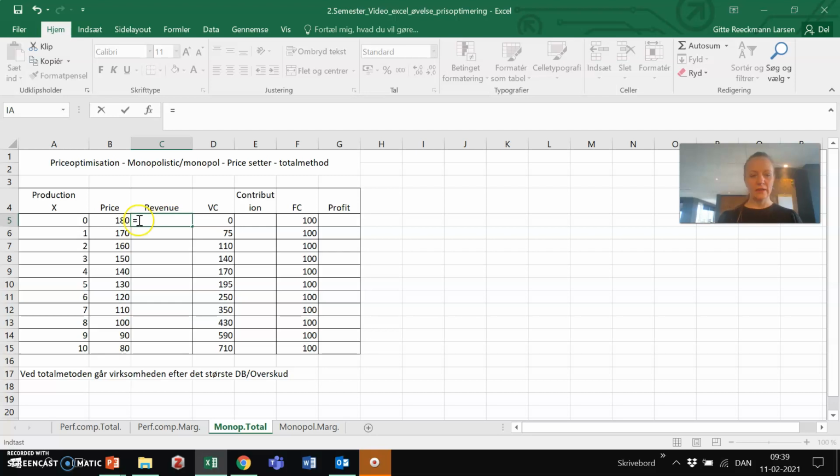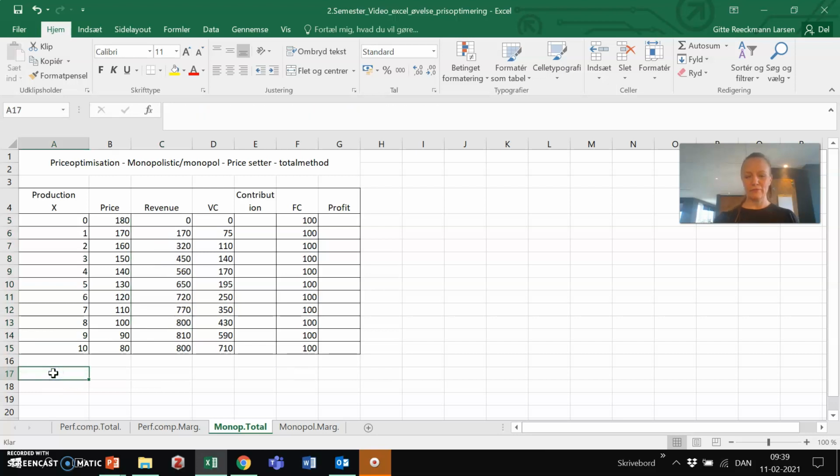So what we see here, calculate the revenue. This is the total method. I know there are some Danish writings here that I forgot to erase, but don't worry. So calculate revenue, price multiplied by production, and double click for copying. Let me just erase that. So we calculate the contribution, we have the revenue, and we subtract the variable costs. 0 activity, 0 contribution.